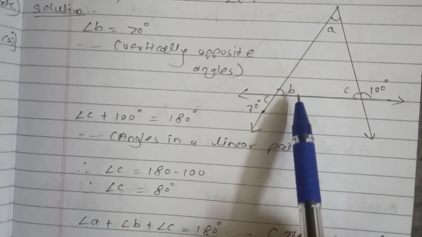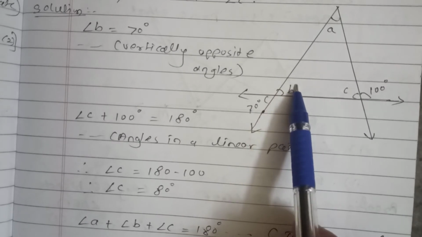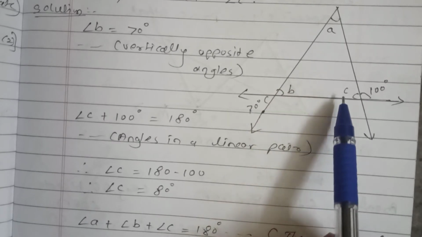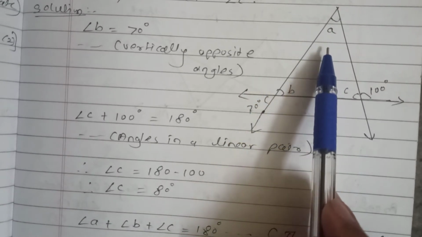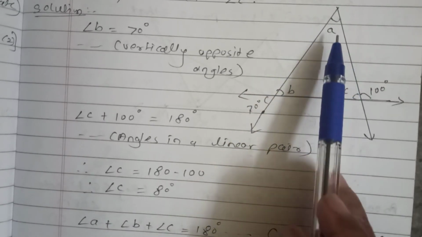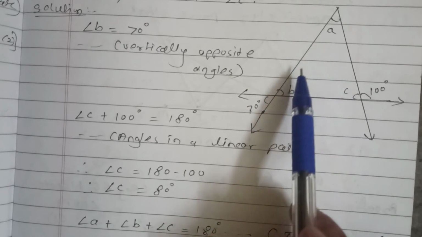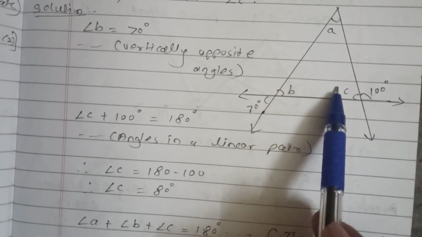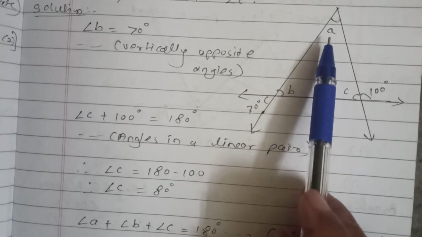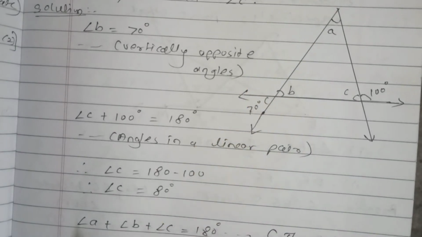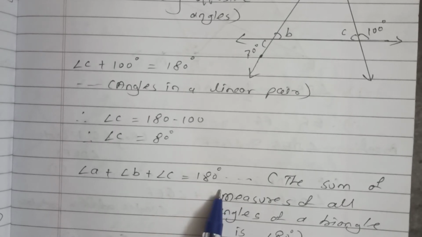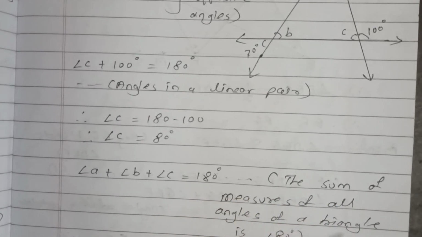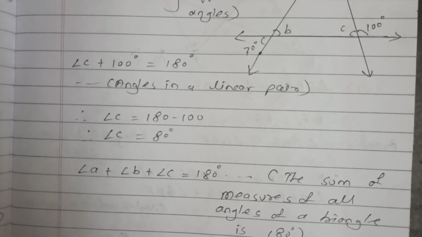Now in the triangle, we already found angle B 70 degrees, angle C 80 degrees. Now we have to find angle A. We know that the sum of measures of angles of a triangle is 180 degrees. Therefore, as we have already found these two angles, we can find angle A. Angle A plus angle B plus angle C is equal to 180 degrees.